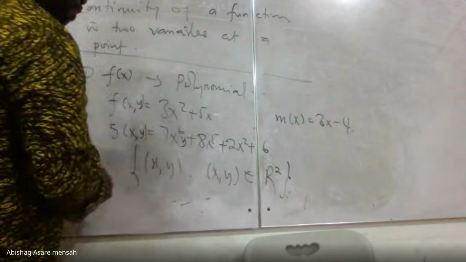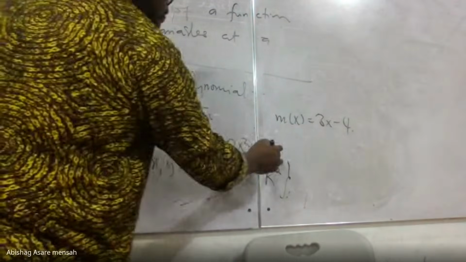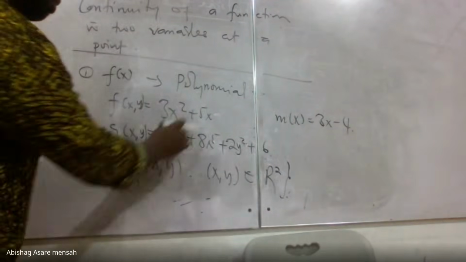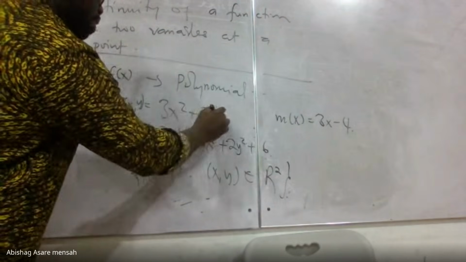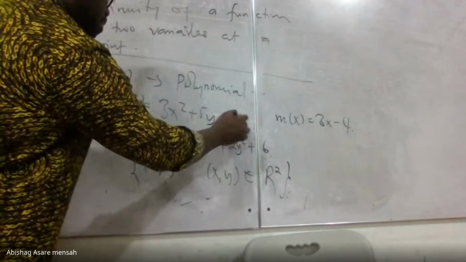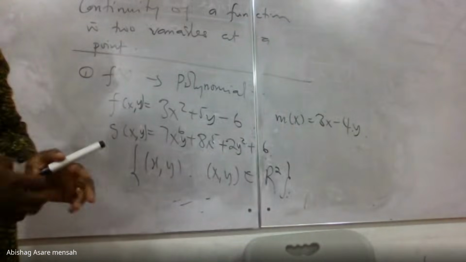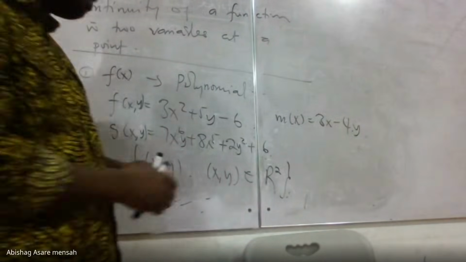So let's say that I have here y, then I have here y squared. So this one, we have that. But we have two variables. We are not dealing with only one variable.